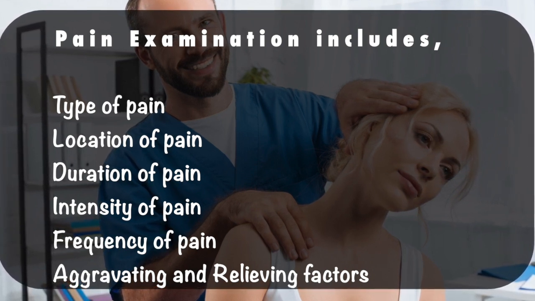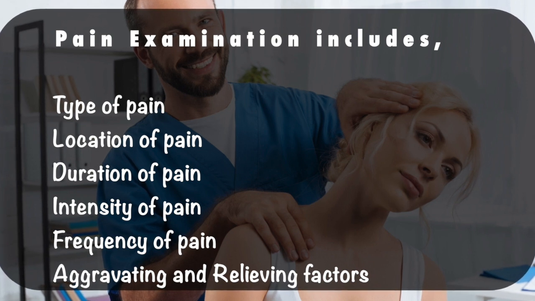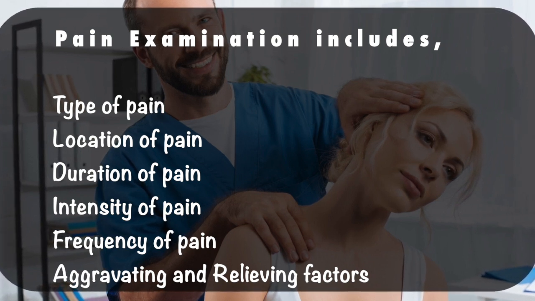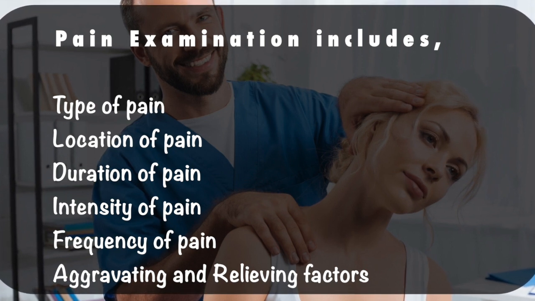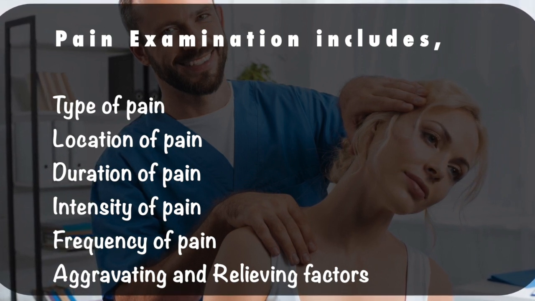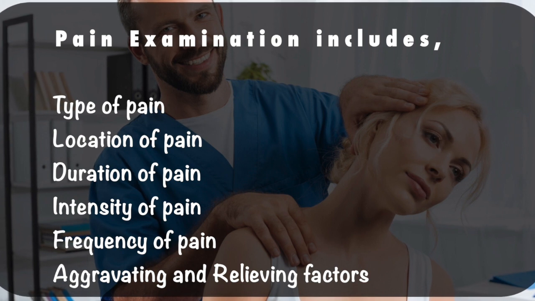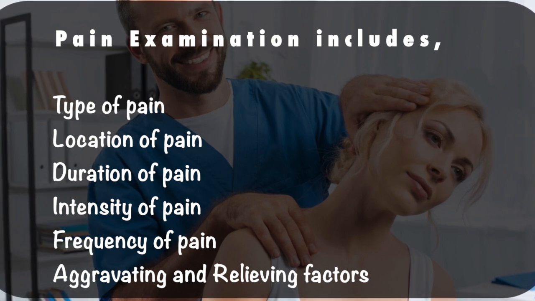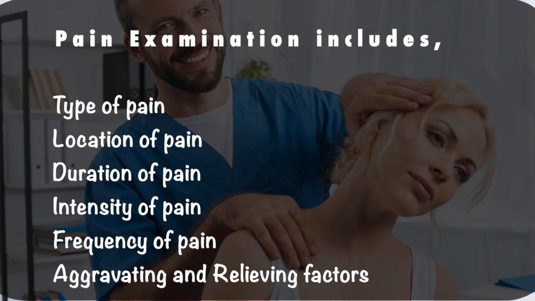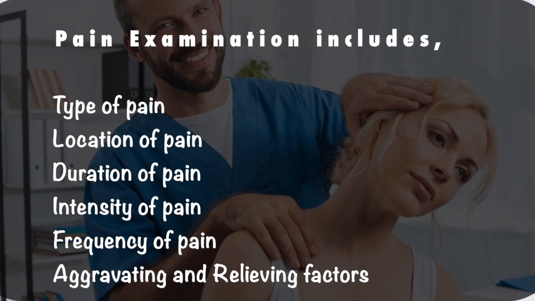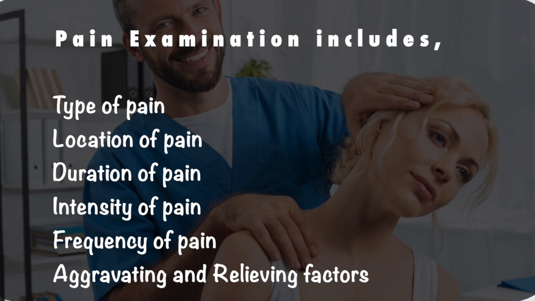Then the intensity of pain is measured using the different scales available, for example the visual analog scale or numerical pain rating scale, that is VAS and NPRS. Then the frequency of pain is also measured, and the factors which aggravate and relieve the pain should also be noted.